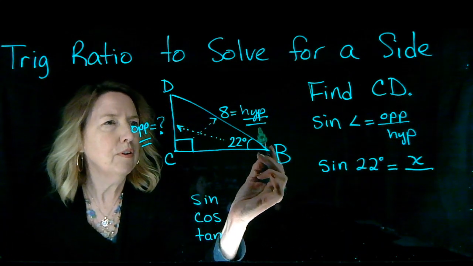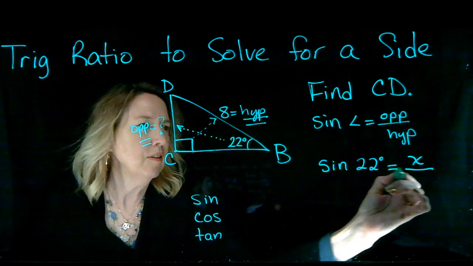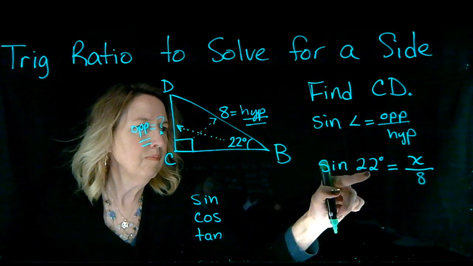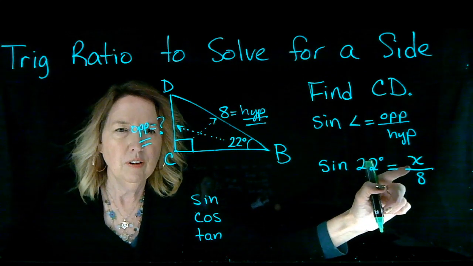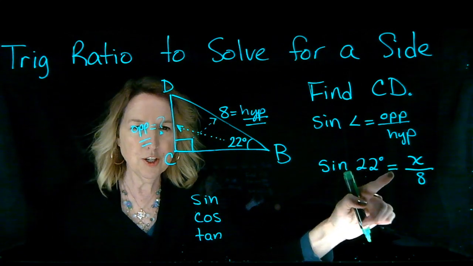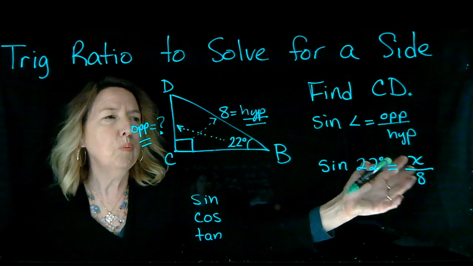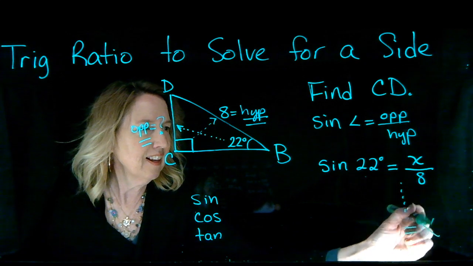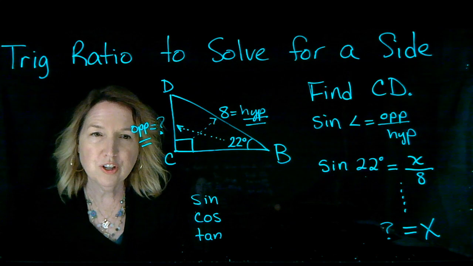And that's over the hypotenuse. So we go back to the picture and we see the hypotenuse is 8. You see, we've plugged that into the ratio. And so what we have now is an equation with a variable, which means if we do a little algebra, we hopefully can get the variable all by itself to answer the question.